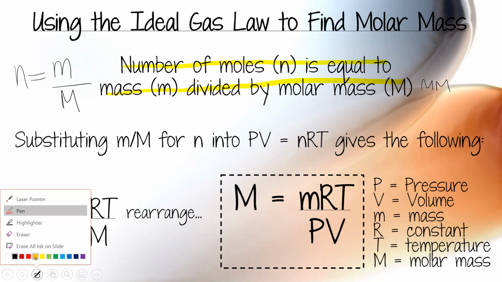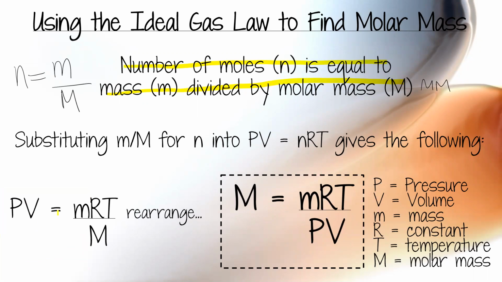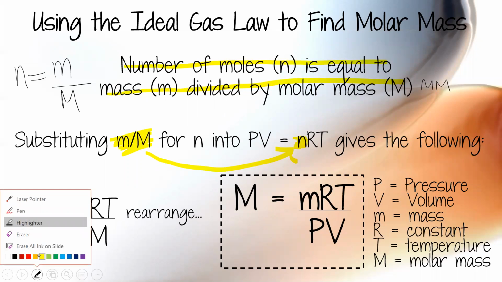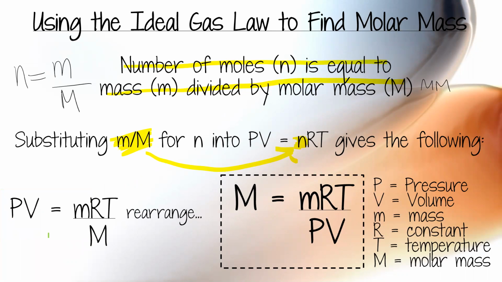Now, instead of having n in PV equals nRT, I'm going to take n and substitute this in, because I just said they're equivalent. So now, substituting that in, just think about it, reread it, re-listen to it.